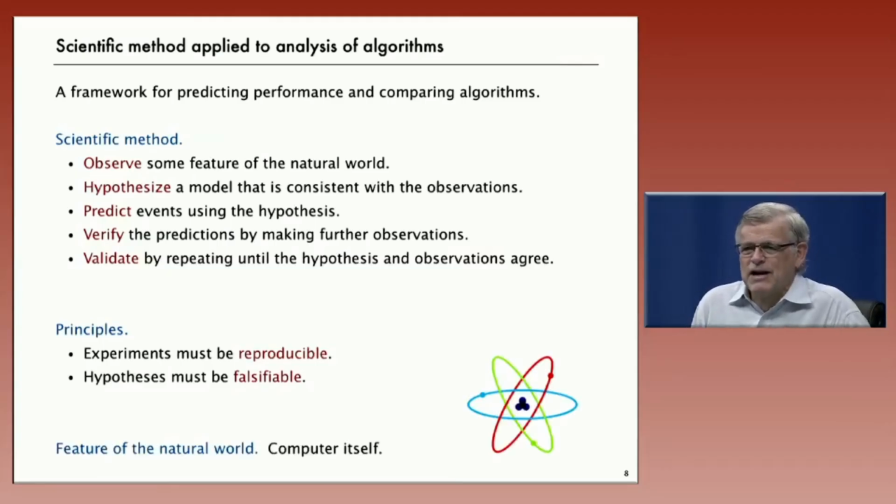Again, the feature of the natural world that we're studying is some particular computer that exists in the natural world. It changes the algorithm from an abstraction to some kind of actual physical thing happening, like electrons racing around inside the computer.